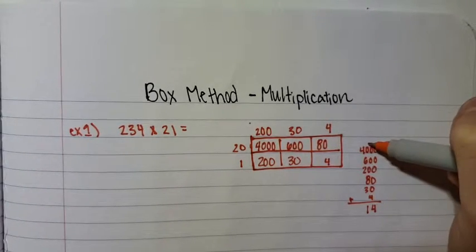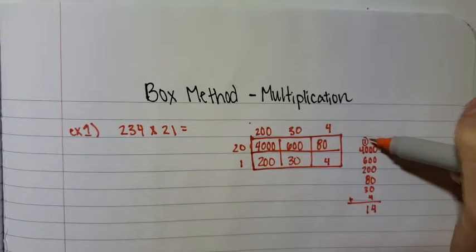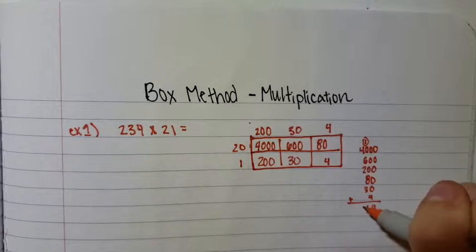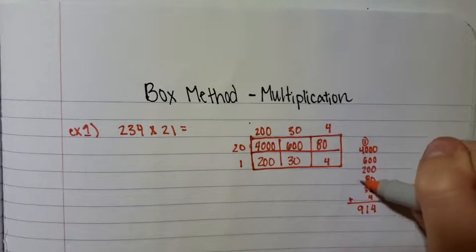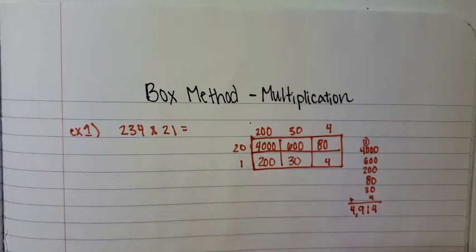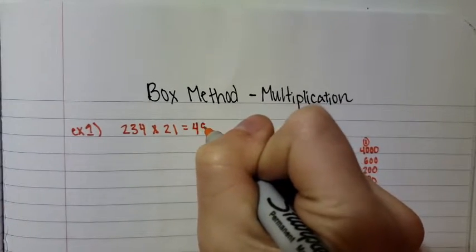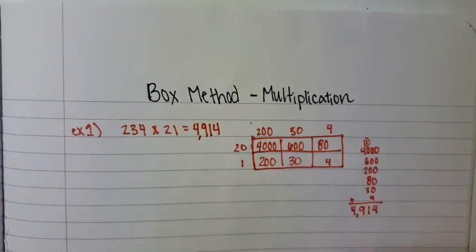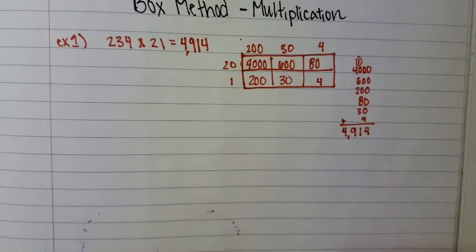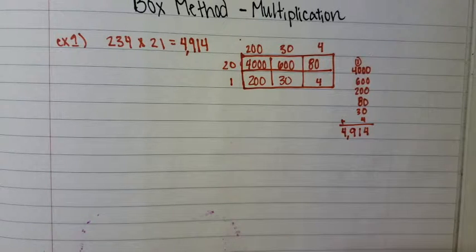Put the 1 down and carry the 1. 6 plus 2 plus 1 is 9. And 4 plus 0 is 4. So your answer is 4,914. So we're going to work out 2 more problems and work it out step by step.